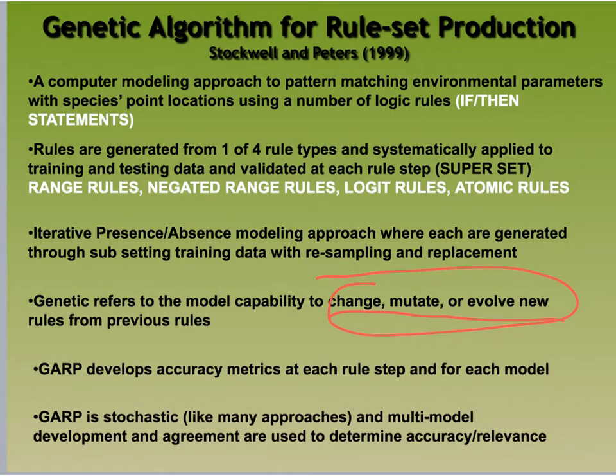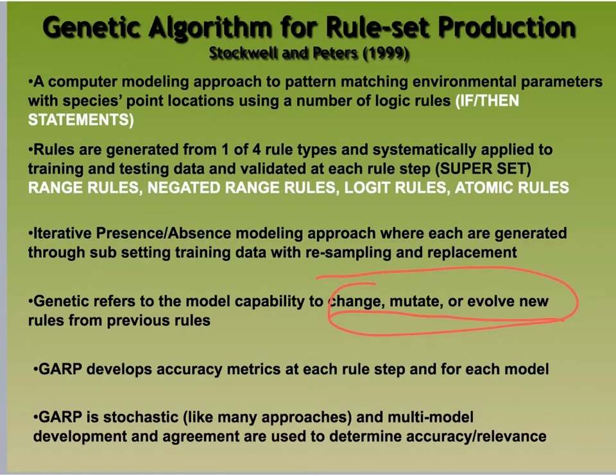So different parts of rules can be recombined. Individual values within rules can be changed, such as a point mutation. GARP, from rule to rule, can completely throw one out and start over. Or it can swap the if and the then statement on different rules to arrive at a set of 50 rules that predict the landscape.